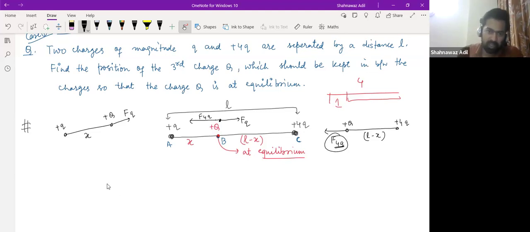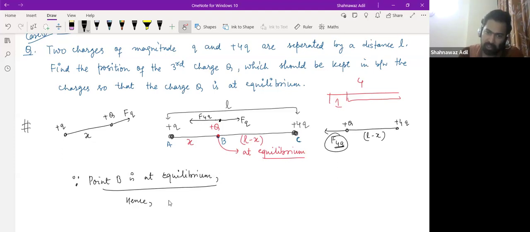Yes, sir. So because point B is at equilibrium, hence we have force FQ equal to F4Q.